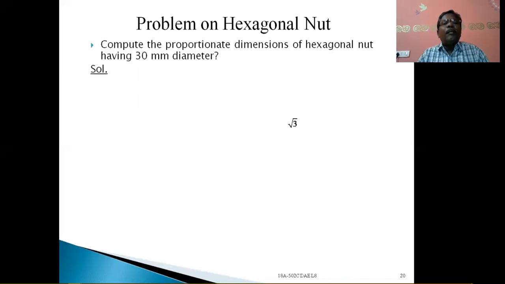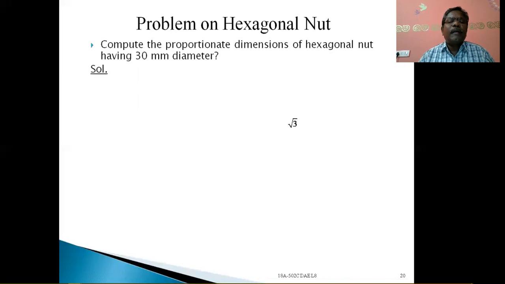Hexagonal nut. Compute the proportionate dimensions of hexagonal nut having 30 mm diameter. As we have discussed previously, that value may be more or less whatever it is. The proportions may be more or less head values.